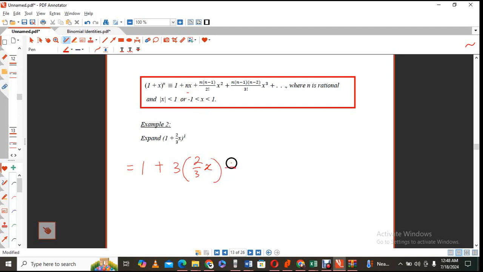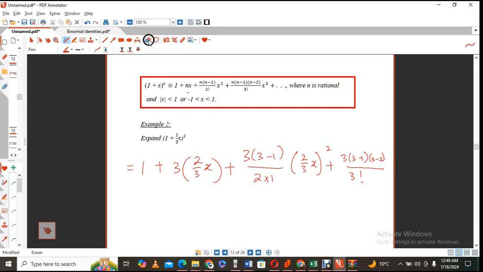Then I have plus, our n is 3, then 3 minus 1 over 2 factorial, 2 factorial is just 2 times 1, by the way, and then again 2 over 3x, this is now squared, plus then again our n, which is the third one. I'm going to continue. So I'm here, our n is 3, bracket 3 minus 1, 3 minus 2, and that is all going to be over 3 factorial.